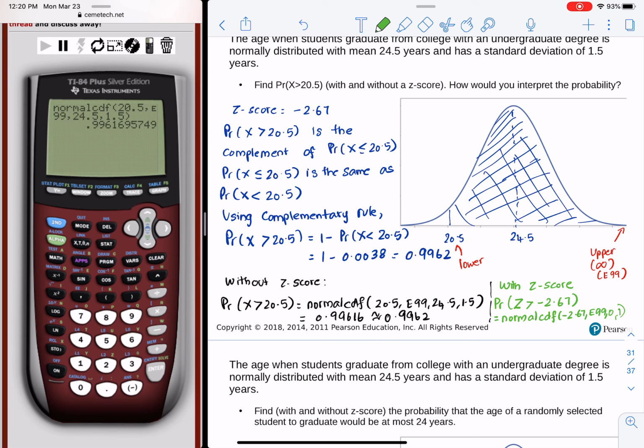So if we plug that in the calculator, 0 and 1, enter, we get 0.9962, which is the same answer that we got in the last two approaches. So it doesn't matter which approach you use, we'd end up getting the same answer.